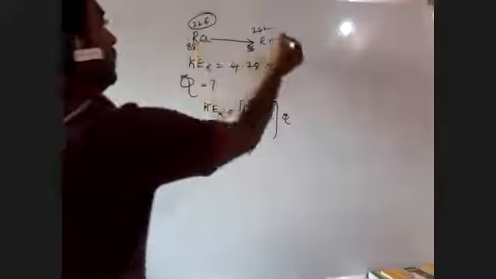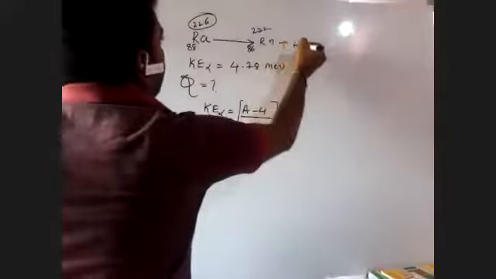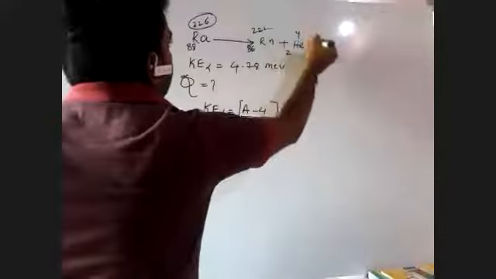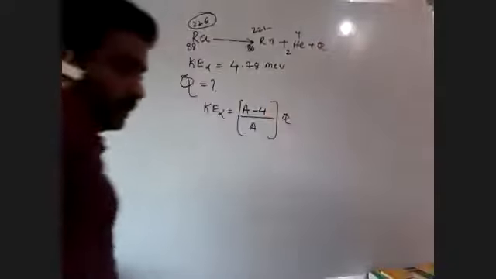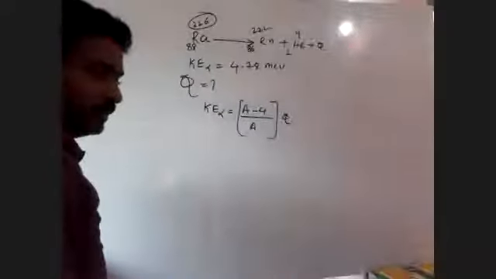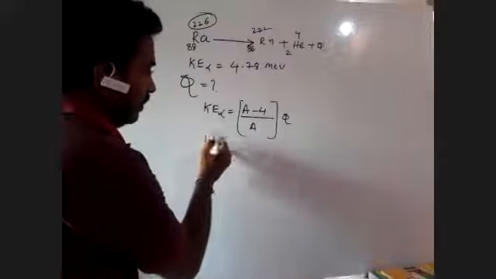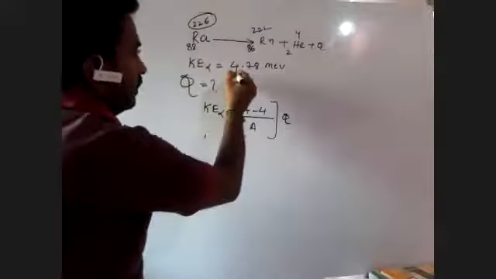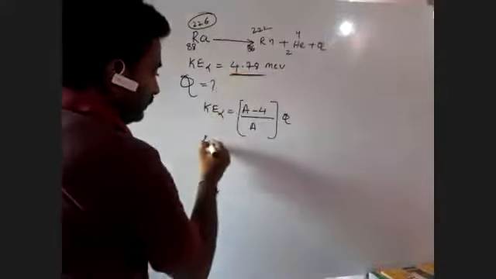Radon means we got an alpha particle here and some energy we are getting here. Then KE alpha is given as 4.78.